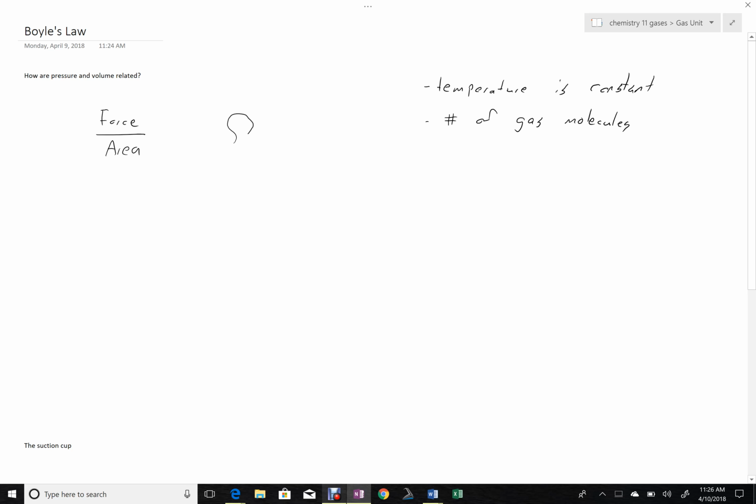So if there's a small balloon versus a large balloon and the same number of gas molecules banging into the side in either situation, then the area that those gas molecules will be banging into will be much larger with the larger balloon.